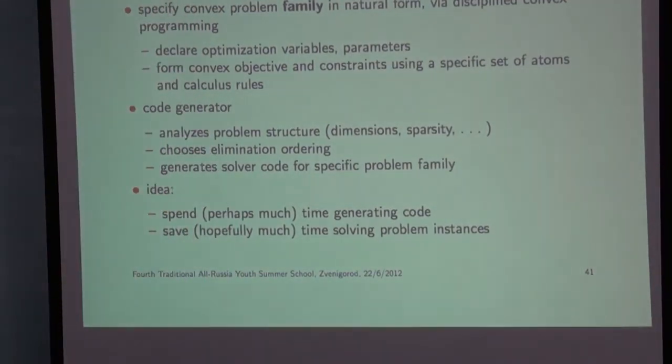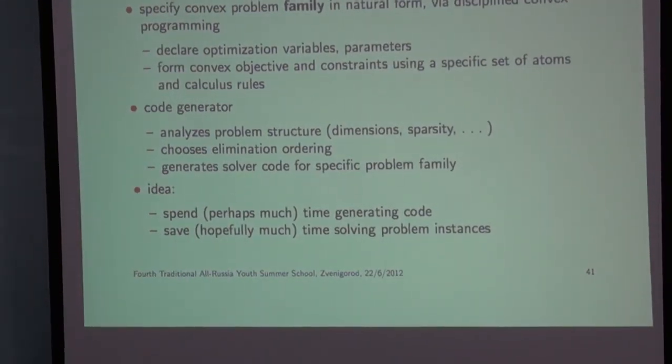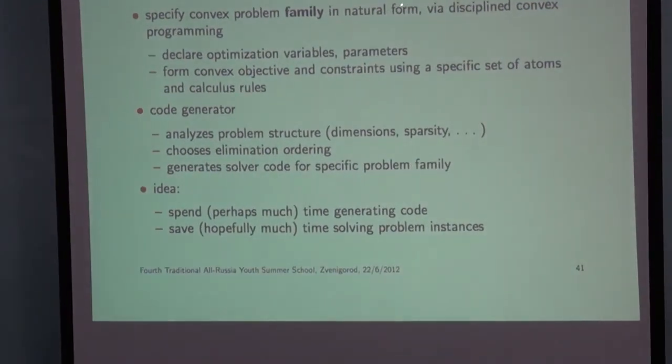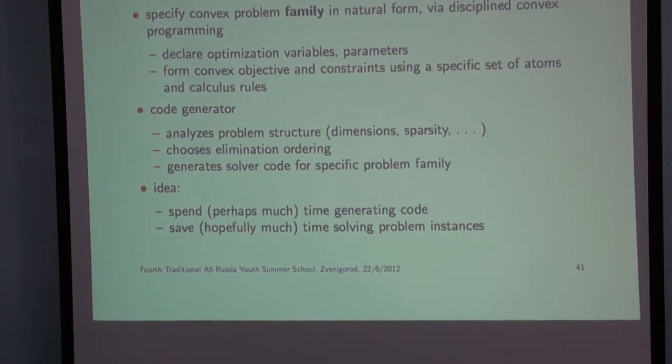Okay, so how do you do this? Well, code generation will work like this. You specify a convex family in natural form via disciplined convex programming. So you declare these, but you also declare a parameter. When you declare a parameter, it's basically saying this is a quantity which will only be known at solver call time. It's not known at code generation time.